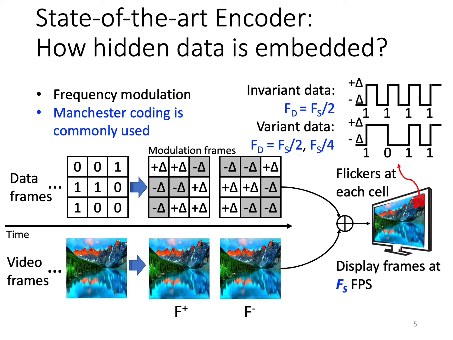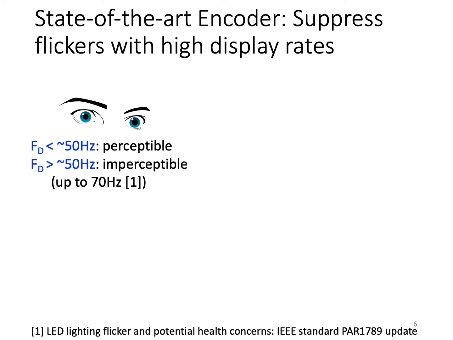The flicker frequency can be half the display rate or 1/4 the display rate. To reduce the flicker perception, previous works rely on a very high display rate. It is known that human eyes cannot perceive flickers if the frequency is higher than a threshold, around 50 Hz, and it can be as high as 70 Hz.